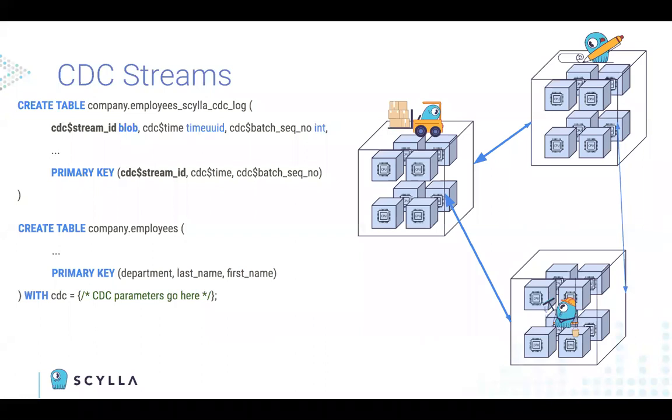So the CDC stream ID is selected in such a way that data stored in this stream reflects data in the base table that lives in exactly the same node and the same shard. Thanks to that, we can achieve high performance and quite good results.